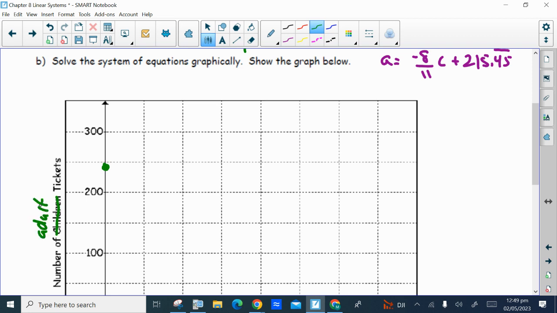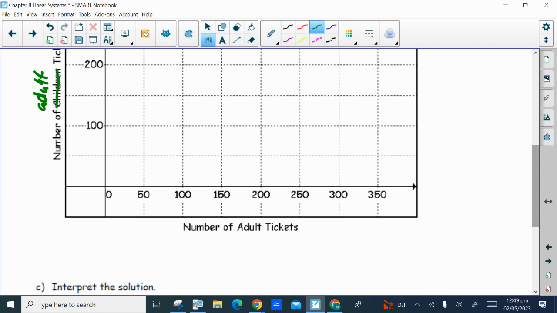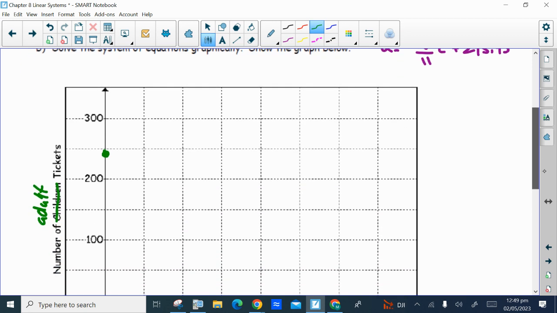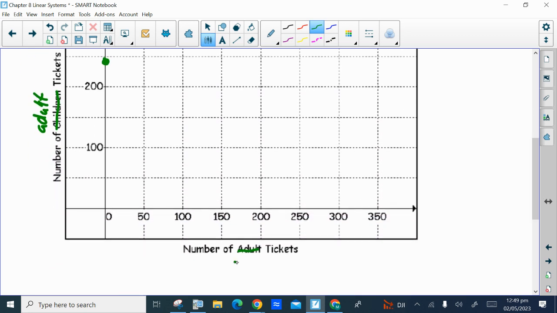Because I got A by itself, instead of y equals mx plus b, it's C equals ma plus b. So C is the y value. So I'll just change these two around. Sorry, A is the y value. So this is children.